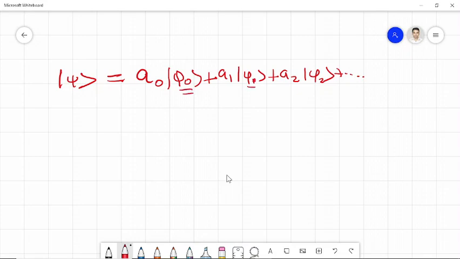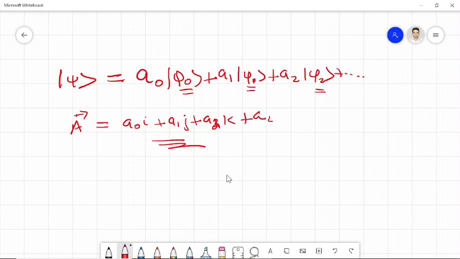These are the basis vectors, which is similar to the Euclidean vector. We can write a0 i plus a1 j plus a2 k for three-dimensional space. For four-dimensional space, we can write a3 l and so on. So this is almost similar to this.